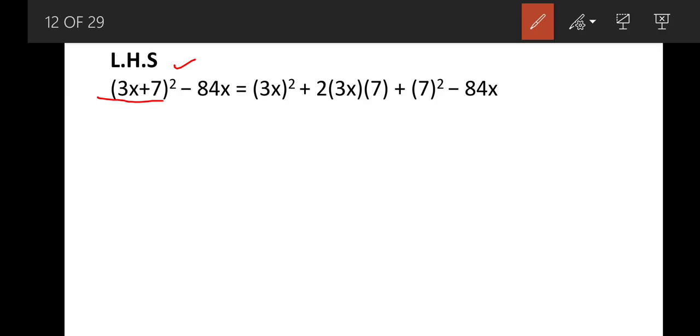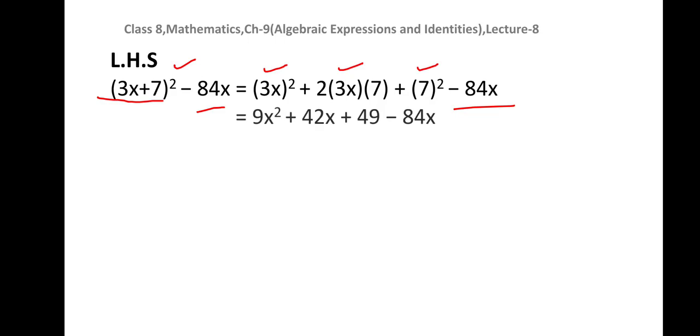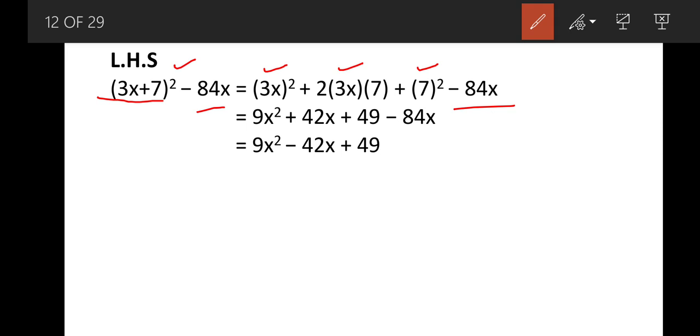So this is what I have done: a square plus 2ab plus b square, minus 84x written as it is. I have used identity number 1. So it will be 9x square plus 42x plus 49 minus 84x, and finally you will get the answer 9x square minus 42x plus 49.